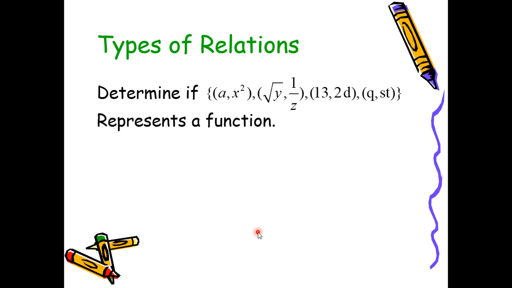Okay, para po kasi malaman natin kapag ganito po yung binibigay lang na given, ordered pairs, para malaman natin na si itong ordered pairs na to is a function, kailangan muna natin malaman kung anong type po ng relation siya. Okay, kapag nalaman na natin kung anong type po ng relation siya, that will be the time that we can conclude if this ordered pair is a function or not.